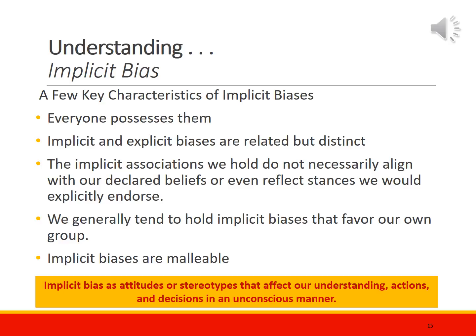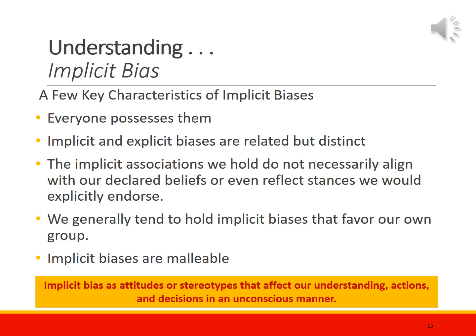Now, a few key characteristics of implicit bias. Implicit biases are pervasive. Everyone possesses them, even people with avowed commitments to impartiality, like judges. Implicit and explicit biases are related, but they're distinct, and they're not mutually exclusive. In fact, they may even reinforce each other.